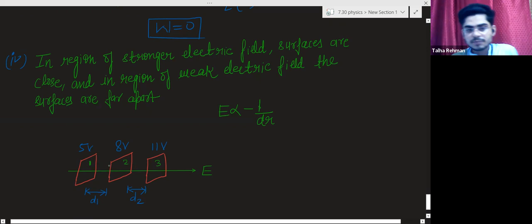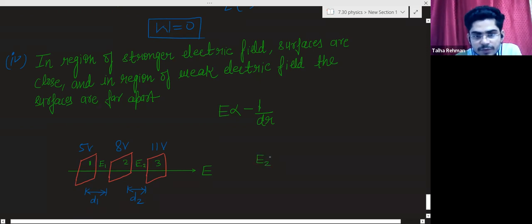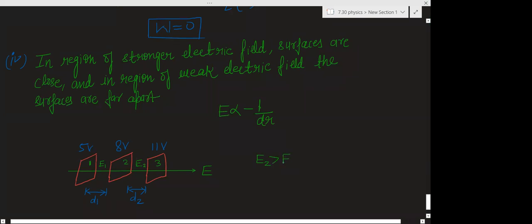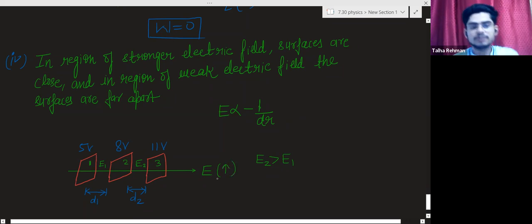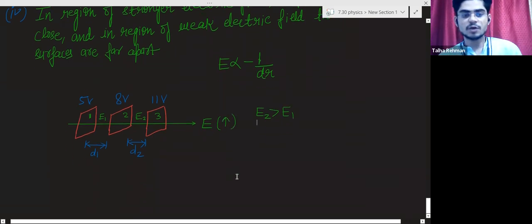Increasing means, if the electric field between the first two surfaces is E1 and between the next two surfaces is E2, then E2 will be greater than E1. Yes, sir. So Harsh, now please tell me what is the relation between D1 and D2?